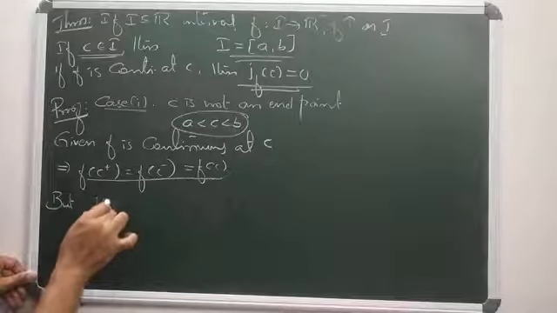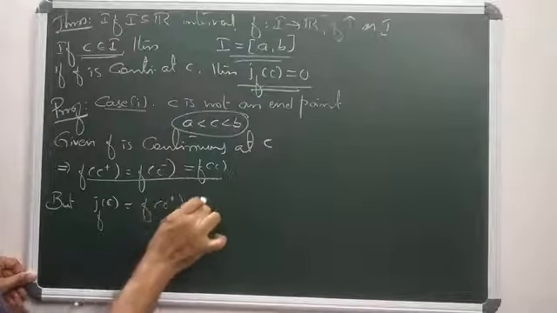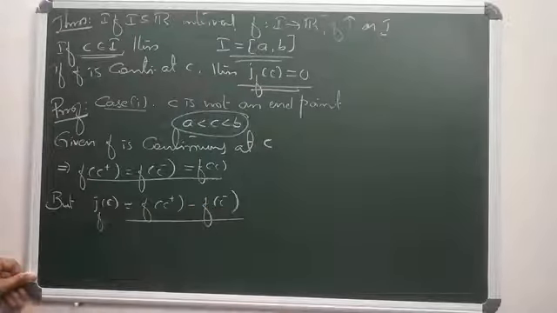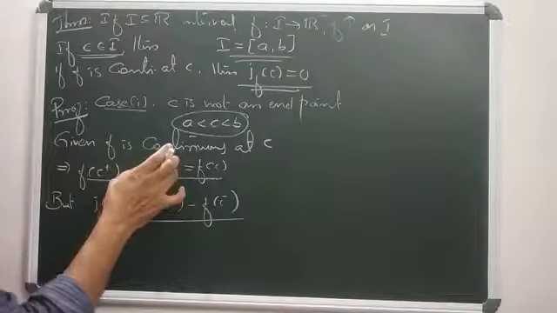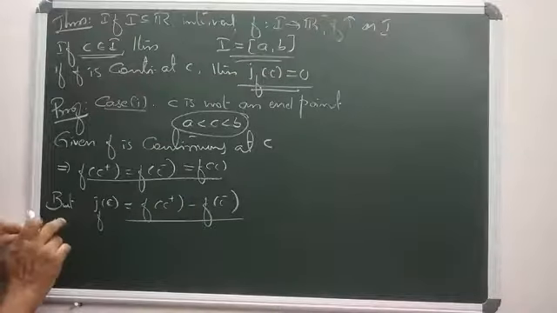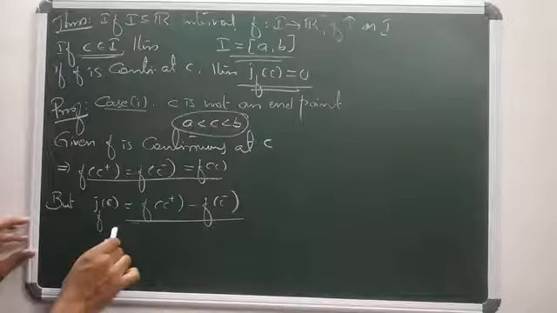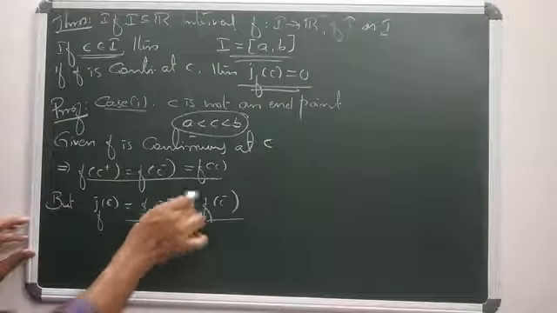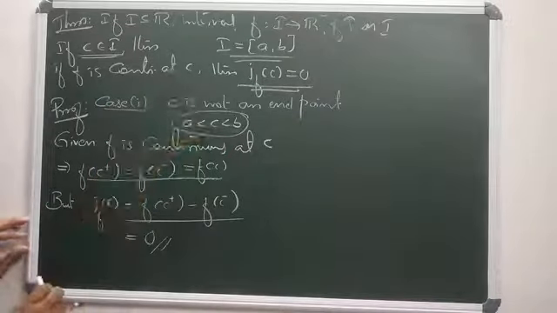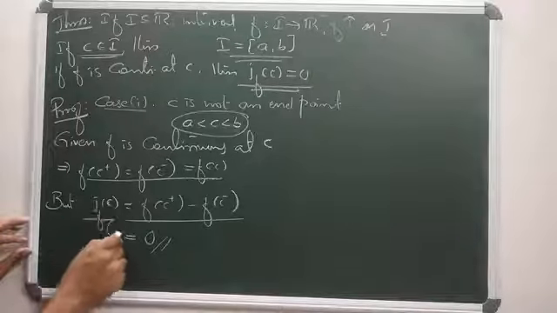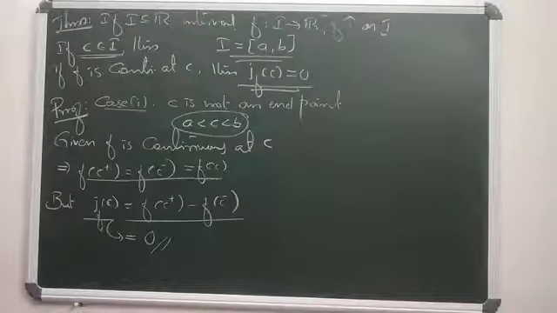When c is not an endpoint, we know that j_f(c) is f(c+) minus f(c-). But here, since f is continuous at c, f(c+) equals f(c-), so the difference is zero. They are equal because of the continuity of f at c. So when c is not an endpoint of the given interval, j_f(c) should be 0. That is what we require here. So the first case is over.